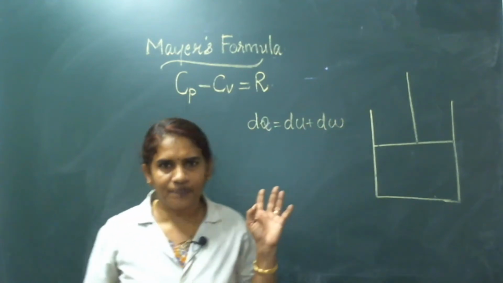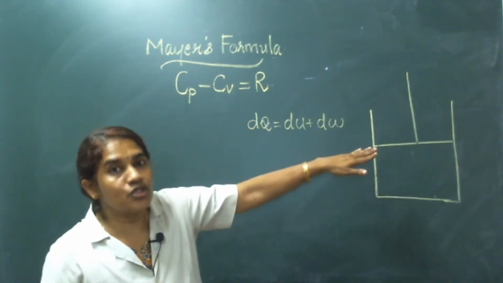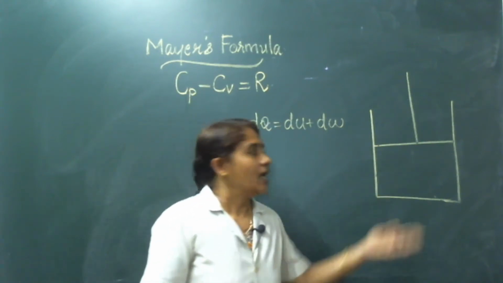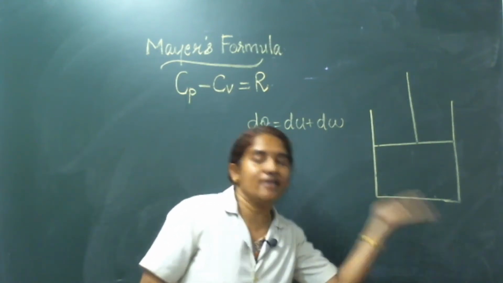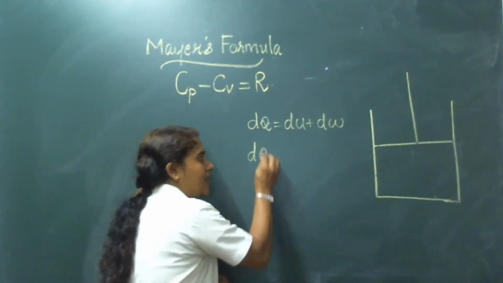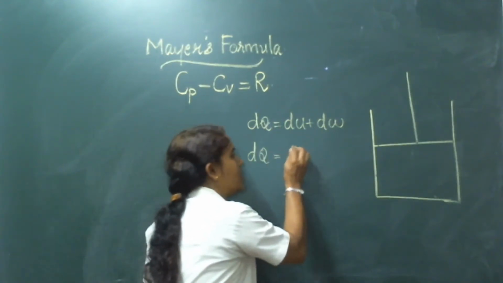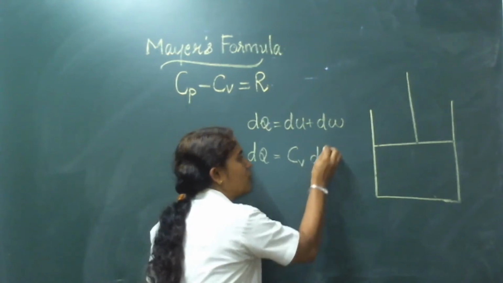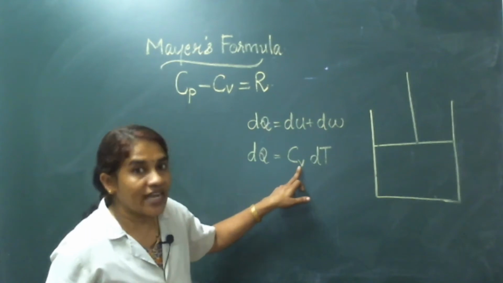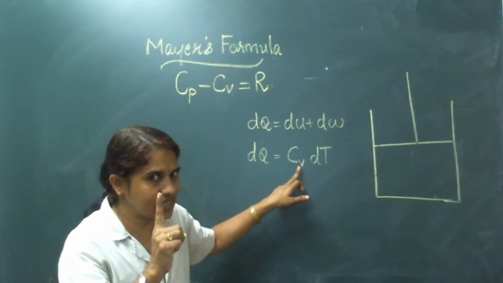Now we are allowing the gas to expand under constant volume, supplying heat energy. Then the amount of heat energy supplied, according to the definition of specific heat capacity, is equal to Cv into change in temperature dT. This is the heat energy required for 1 mole of substance for 1 degree Celsius or 1 Kelvin.